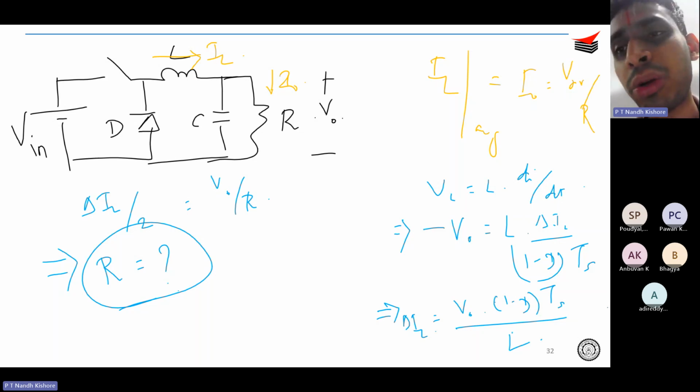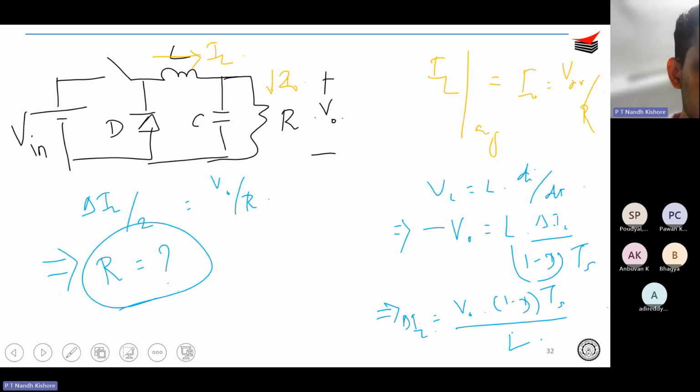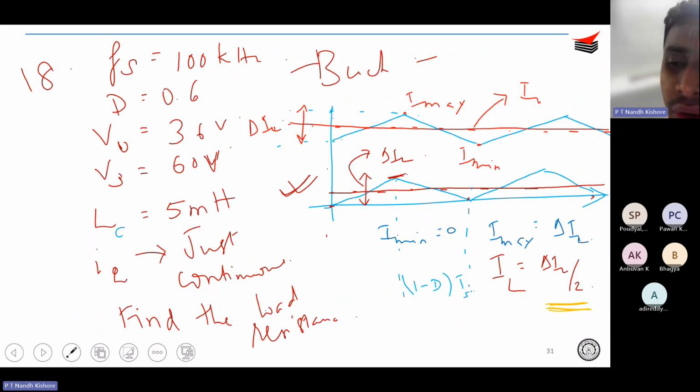And load current is V naught over R. Therefore, IL average in this case is V naught over R. So you know what is your V naught. You need to find out what is R, and you also need to find out what is IL average. Then you can find out what is R. Okay. So how do you find IL average? IL average, as we told, is delta IL over 2. Now I need to find out what is delta IL.